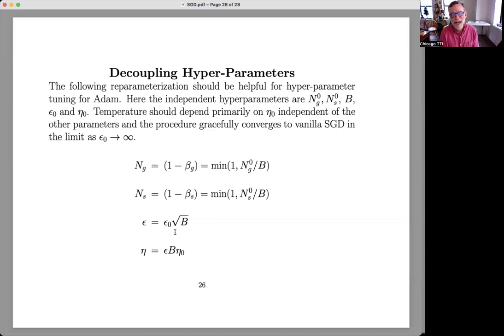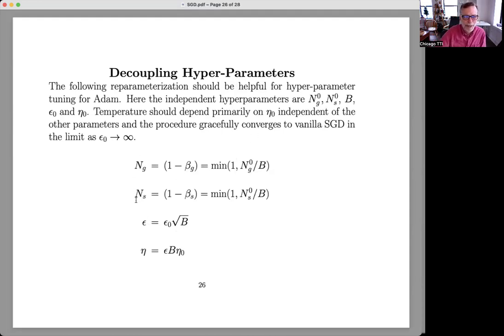So I'm not going to derive this, but here is an adjustment to PyTorch Adam which will make it more stable, less sensitive to the parameters other than temperature. It's going to focus temperature into one parameter, and all of the other parameters are going to be designed not to influence temperature. So we do this by introducing these other independent parameters.